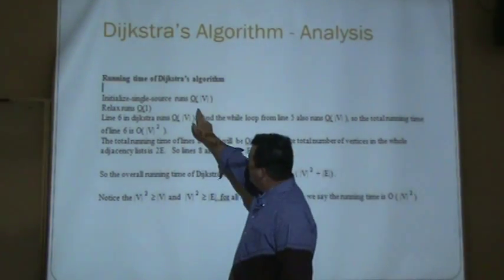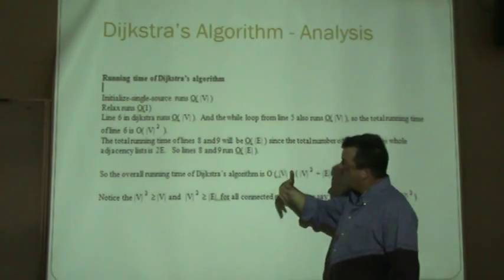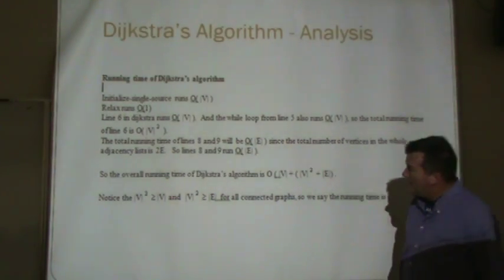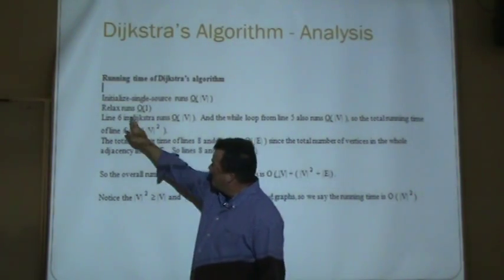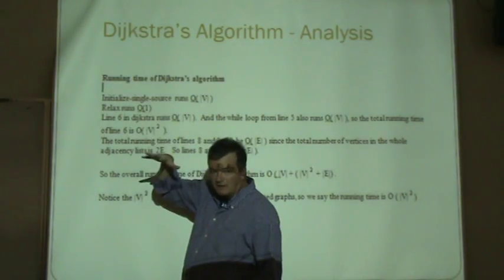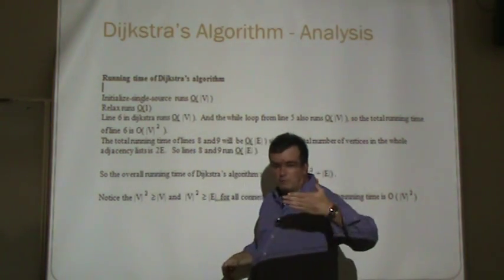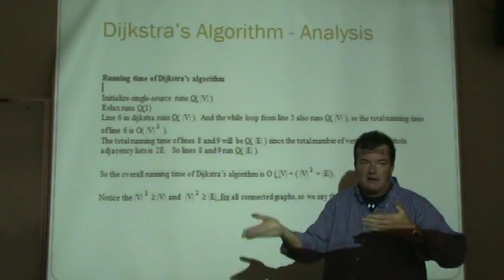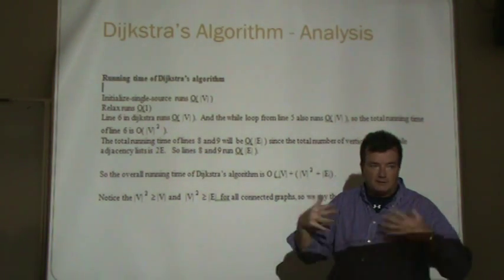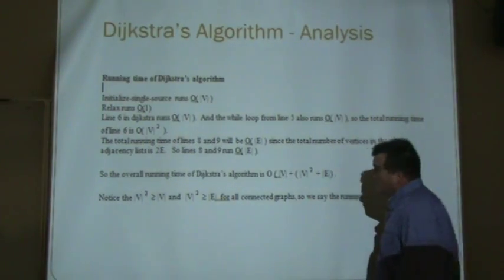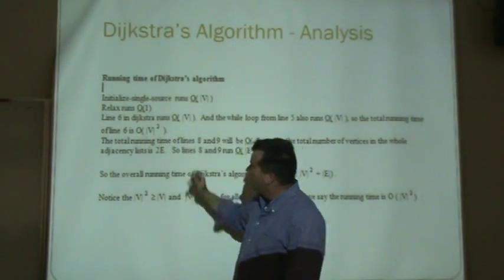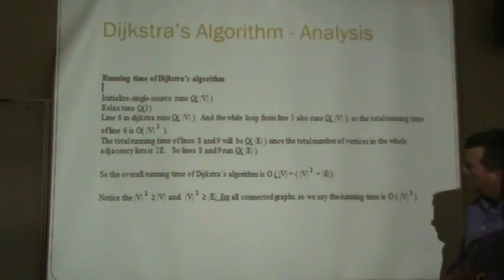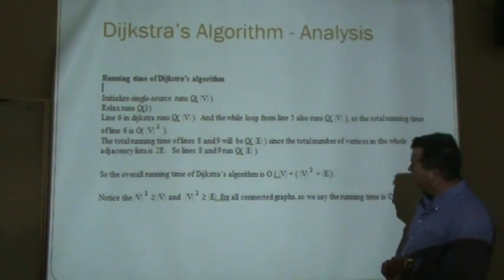That would take time proportional to the number of vertices. Now the relax step: what does it do? It compares one number to the sum of two other numbers, and if the sum is smaller, it copies the sum over. So that's a constant time operation. It may get called many times, but the relax step itself runs in constant time.